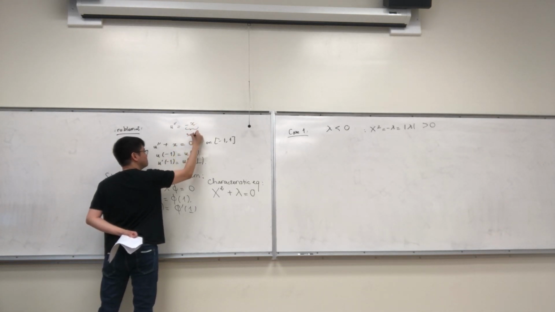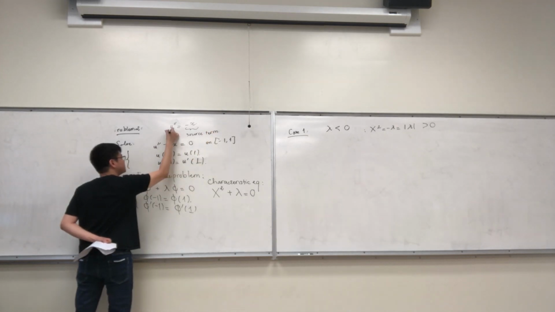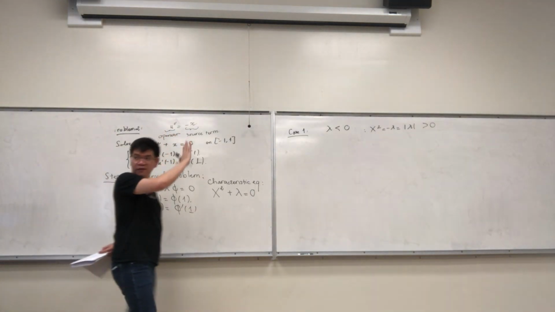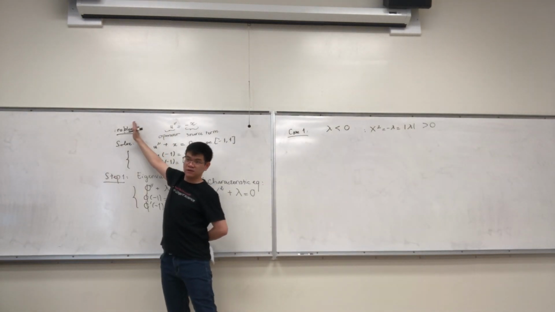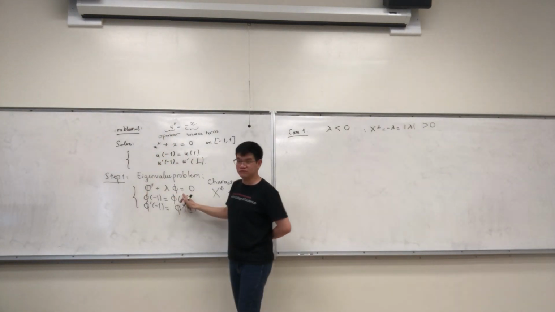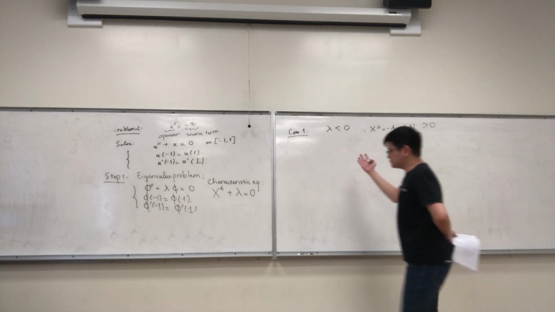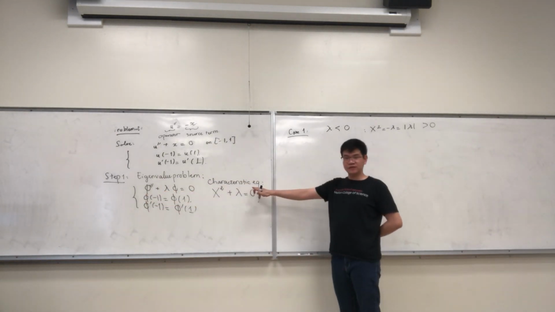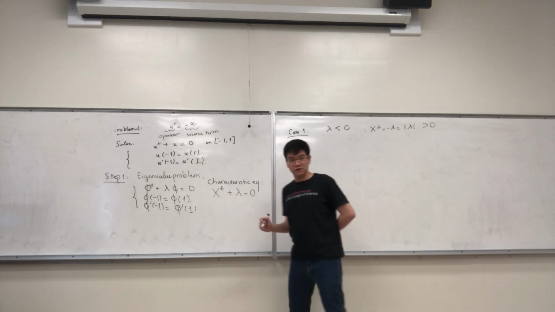This is the source term, and this is the operator. So you just forget about the source term, look at the operator, and solve this equation. Is it clear? For this eigenvalue problem, you have the characteristic equation x squared plus lambda is equal to 0.